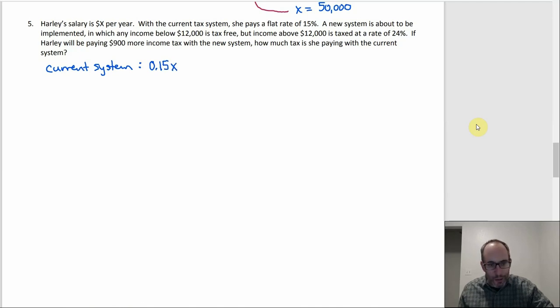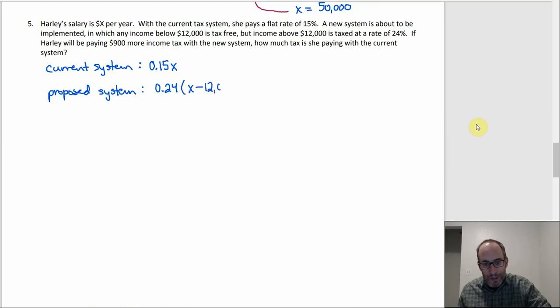And then with the proposed system, it's the same kind of setup, right? Just with different numbers. It's going to be 0.24 times the amount above 12,000. So you'd end up with 0.24 times the quantity x minus 12,000. And I'm just jumping right to this because it's so similar to 4.